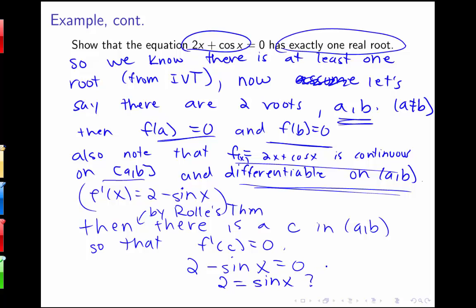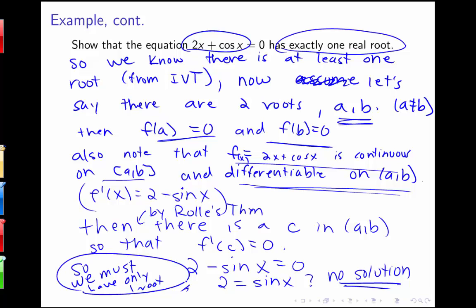So does that have a solution? Well, we know that our sine function is always just between -1 and 1, so that would have no solution. So this is what we call a contradiction. So we must have only one root. That's the end of our argument.